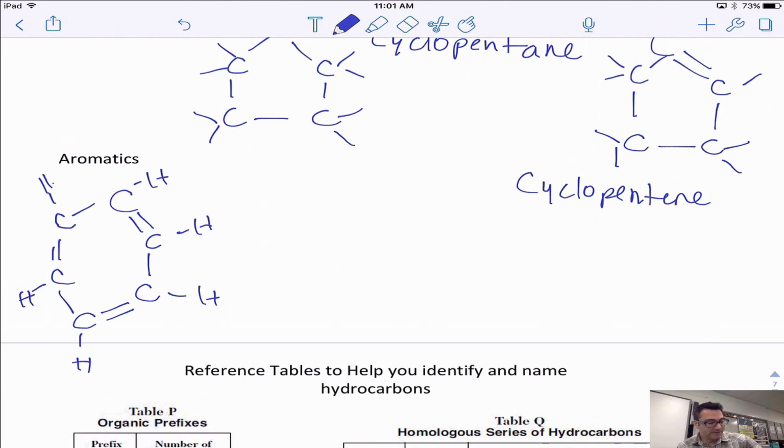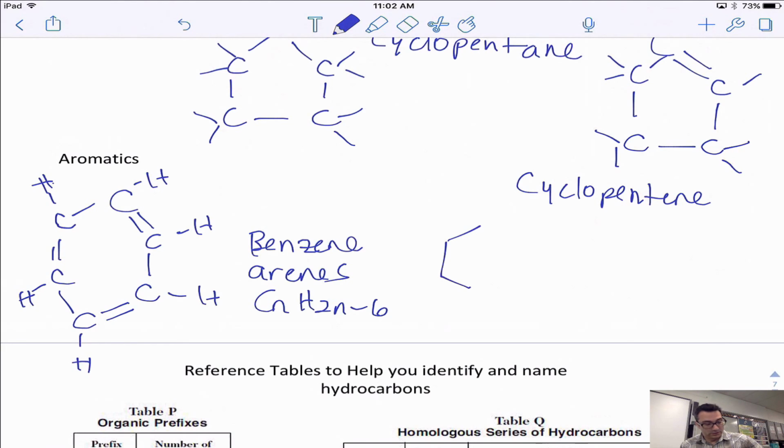These actually have a general formula like the other types of hydrocarbons. These are called the benzene series, or arenes. And they have a general formula CnH2n-6. Some interesting ones of these, if we take off one of the H's and put a methyl group, I'm going to draw it shorthand just to save time, double bond, single bond, double bond like this.